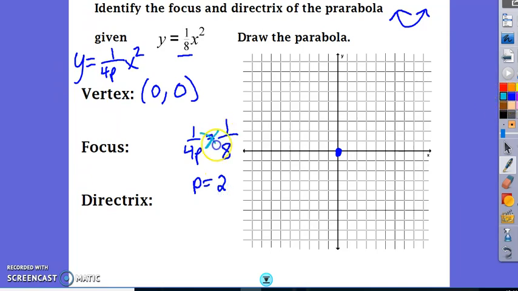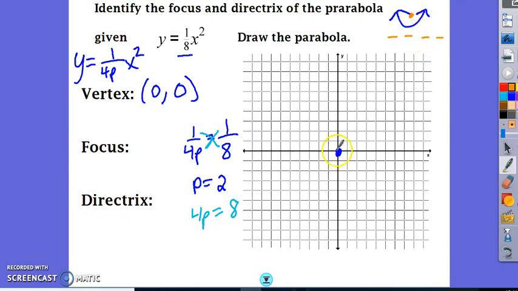You can cross multiply, and so 4p times 1 equals 1 times 8, and then solve this equation for p. Either way, p equals 2. Since it opens up, your focus is always in the center of your parabola, and the directrix is always behind the parabola, or under it, I say, or above it.